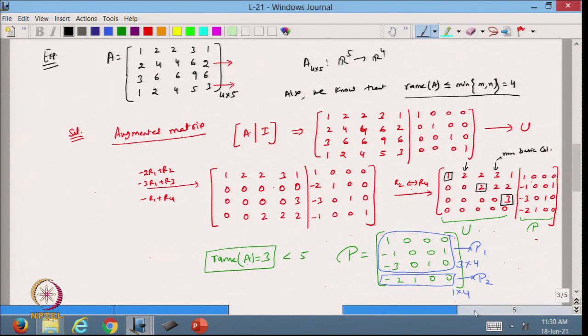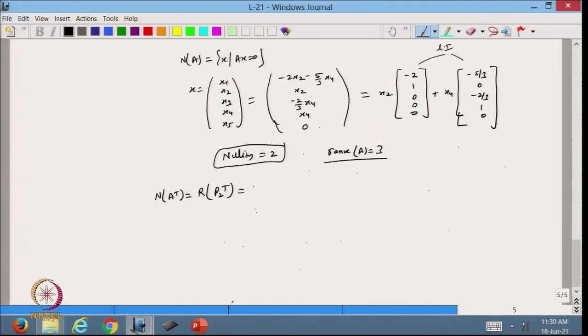So, the range space of the vector minus 2 1 0 0, and what is this? It is 4 cross 1 into x. So, I can write from here that the null space of A transpose is spanned by minus 2 1 0 0.